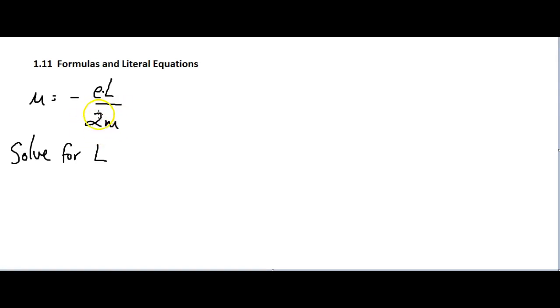And also I always recommend eliminating any fractions in any equations by multiplying through by that denominator. So let's see how that looks if we do that. So we've got a u on this side. Okay, there's our equation. I want to move this to the other side of the equation.